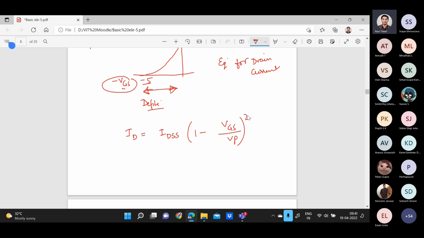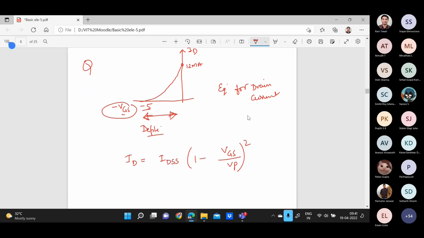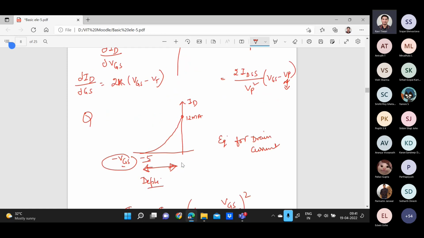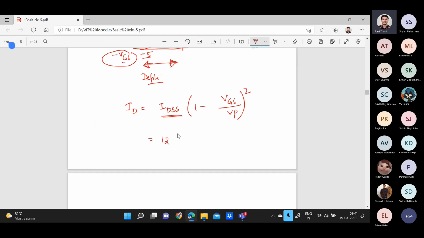The second thing: what is the value of IDSS? IDSS is the maximum current drawn in case of depletion. This is your IDSS, so I am writing here 12. 1 minus VGS. We don't know what input they are providing, so I'm writing VGS only.